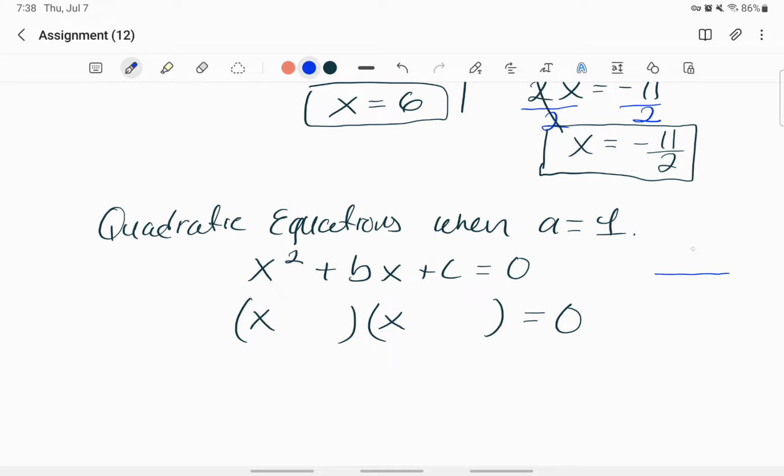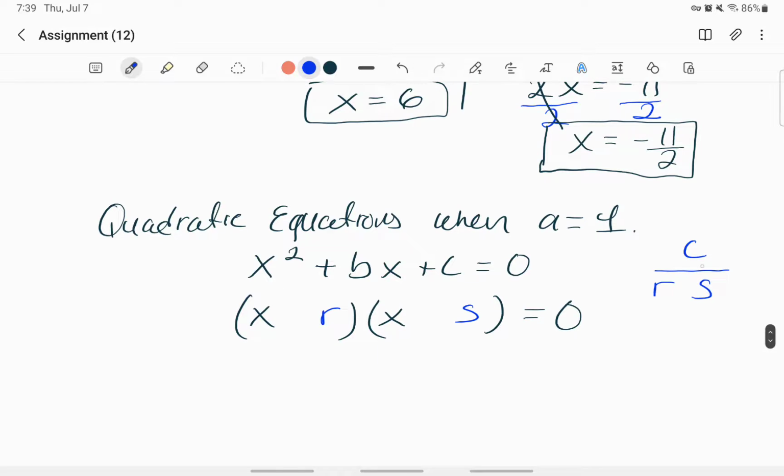So let's say numbers that multiply to c. Let's pick r and s. So r and s. And those same two numbers that multiply to c, when you add them, r plus s, they must equal the b term.